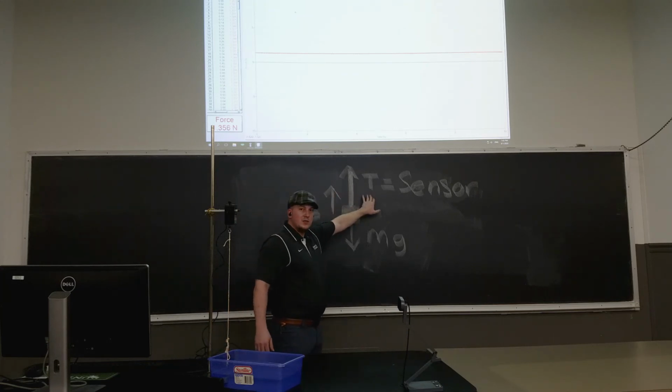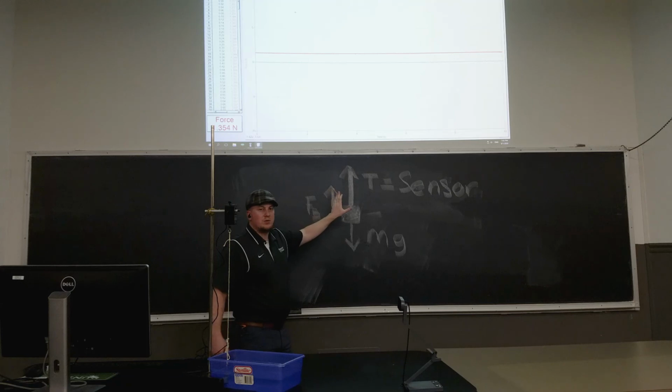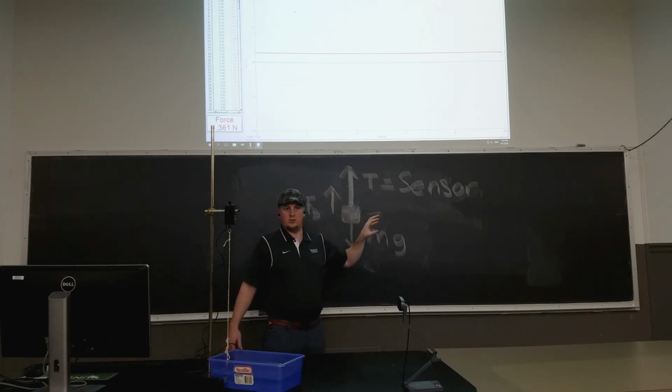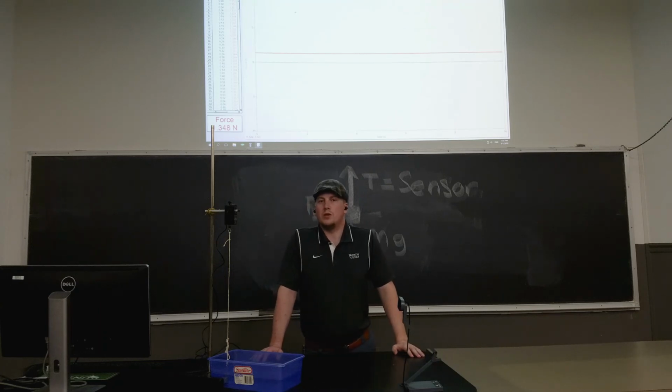Our tension reads the sensor, our weight, which is mass times gravity, pulls down, but while we're in water, we have this force pulling up. So this almost counteracts these two and allows us to have a reduced total force, which is why the sensor went from 1.5 newtons to about 1.35 newtons.